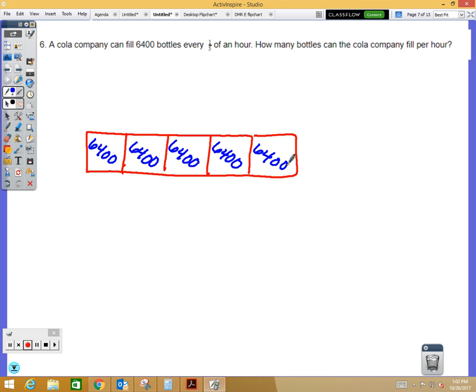We don't need to be intimidated by decimals anymore either. What do I do to find the total then? The easiest thing would be to do 6,400 times 5. Isn't it 32,000? 32,000 what?